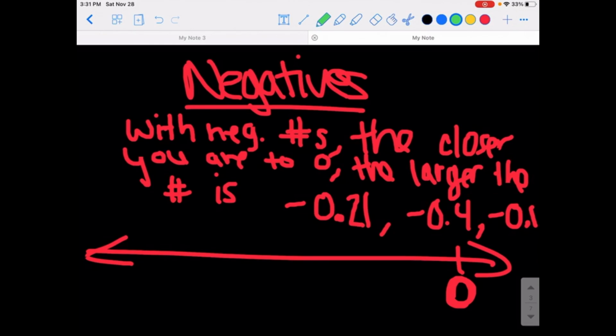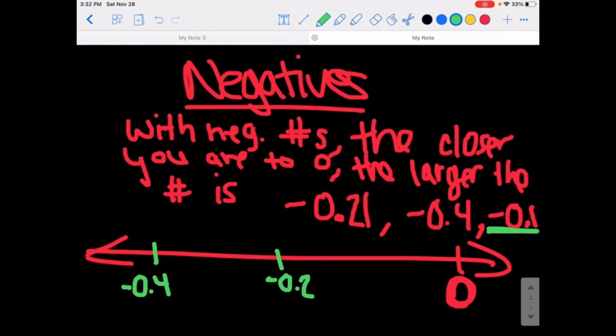Okay, it's a very quick example. So again, which one is the closest to 0? If these were positive numbers, obviously the largest one would have been 0.4. But in this case, it is the farthest away from 0, so I will plot that over here.